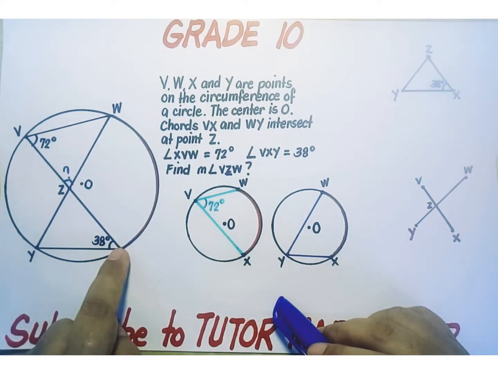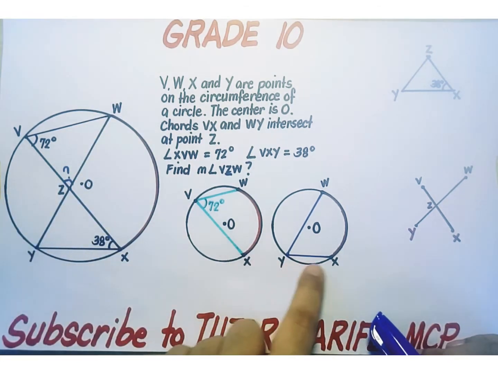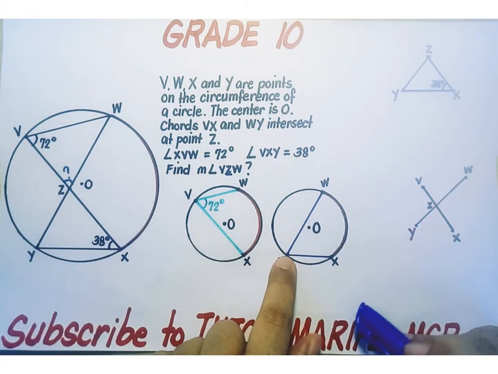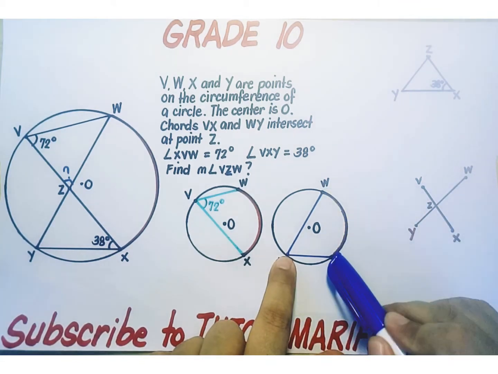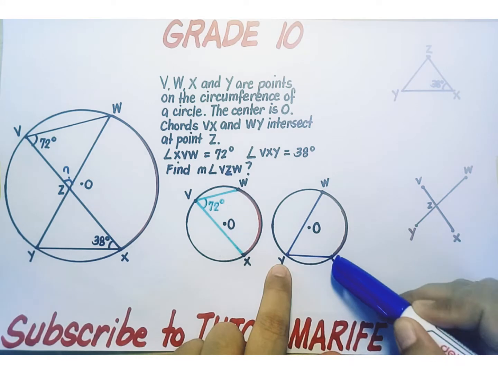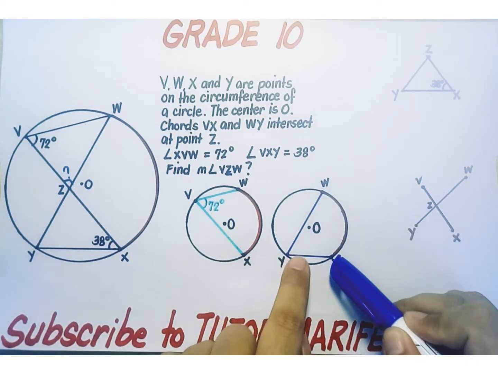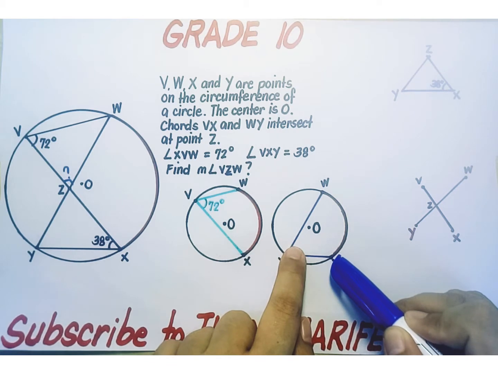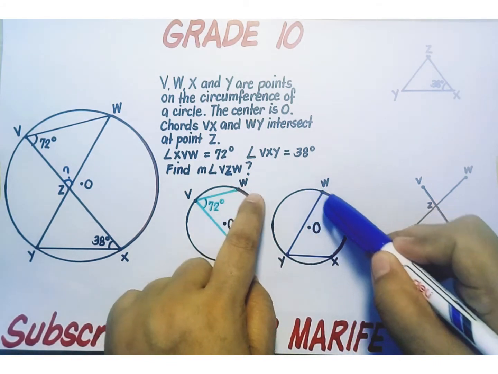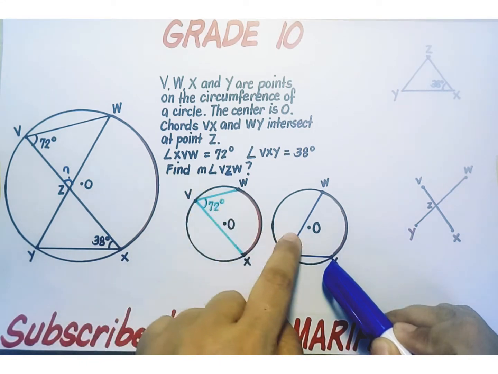Look at angle Y or angle XYW. I have also drawn it separately. This is the section of the circumference encased by the sides YW and YX. And this is the intercepted arc of the angle. Notice that the intercepted arc of the two inscribed angles are the same.